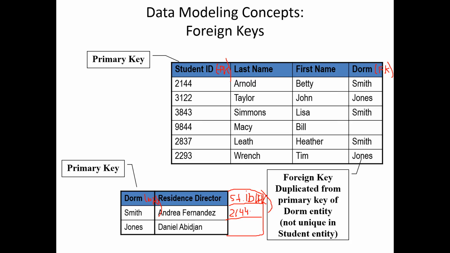We cannot take this cell and add another value, which is Lisa's student ID 3843. We cannot do that because, if you remember that tidy data paper by Wickham, one of the authors of RStudio, it's a violation of the tidy data principle. You cannot insert more than one value into one cell.